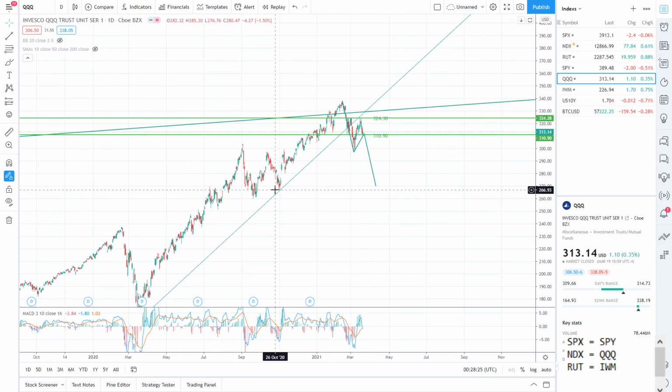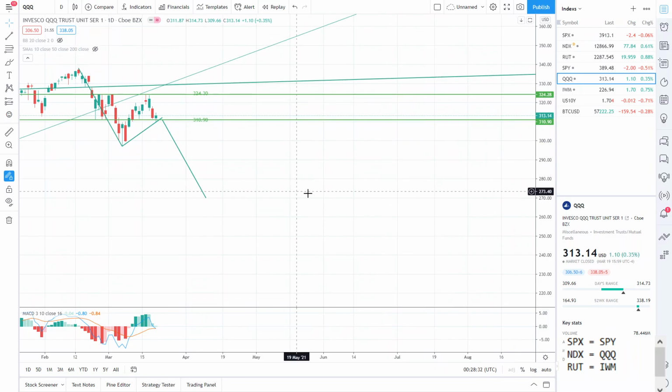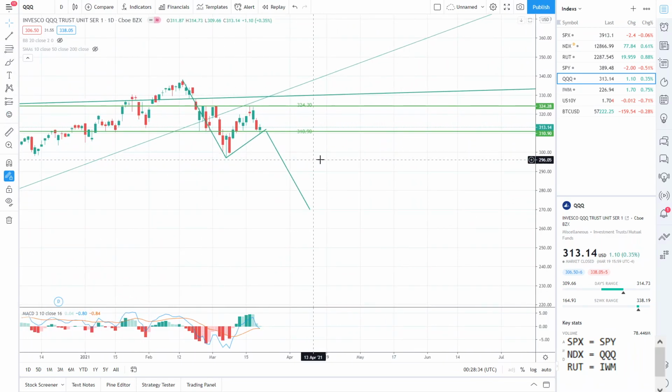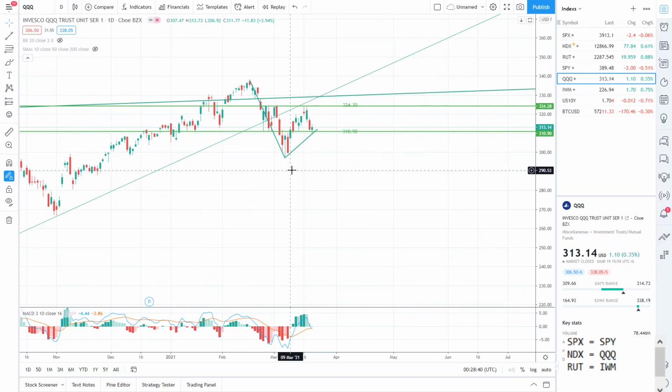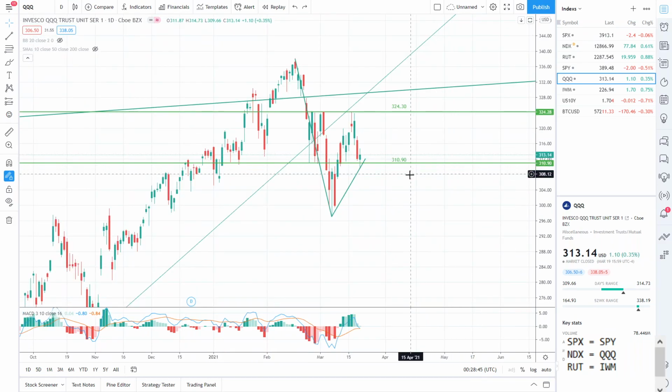Now, that would bring us back down to October levels. That is also a pretty drastic move as well. That's another 13% to the downside. I also don't see how that would be really plausible. But again, we're taking it one day at a time. Let's see how everything works out.